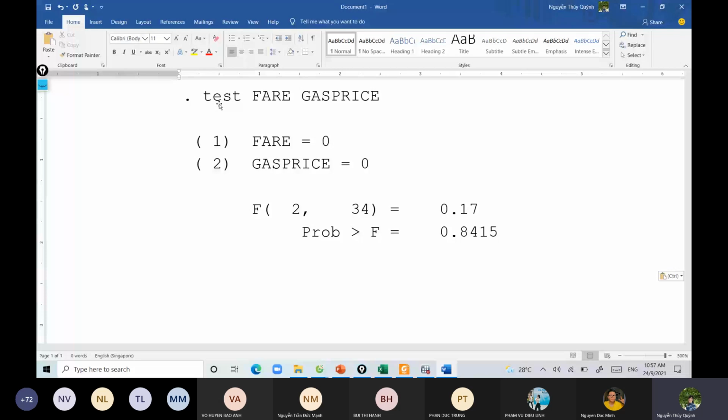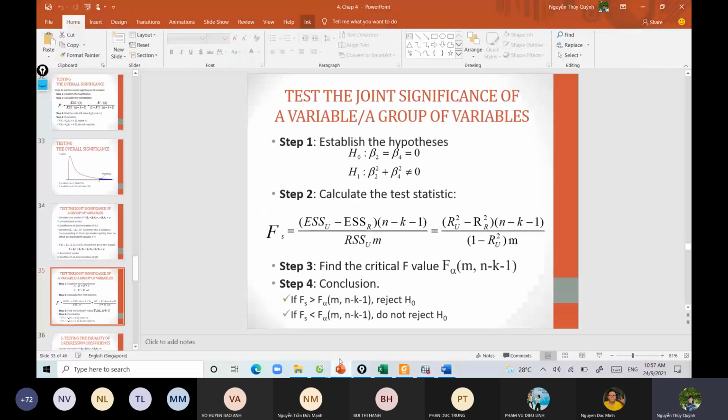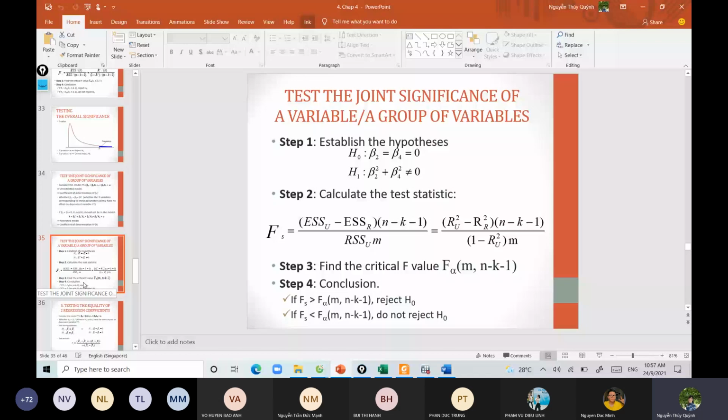That is how we do it in Stata. That is for the linear restriction test. Do you have any questions regarding this? If not, we will move to the next one, where we want to test a linear combination of the regression coefficients.